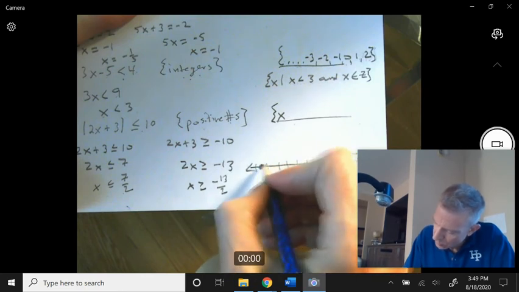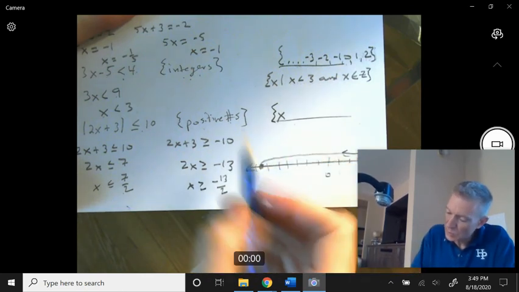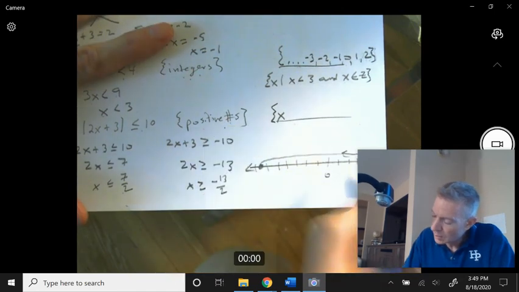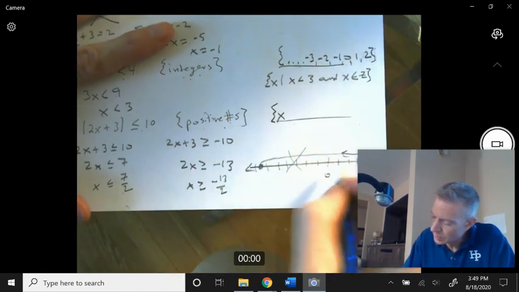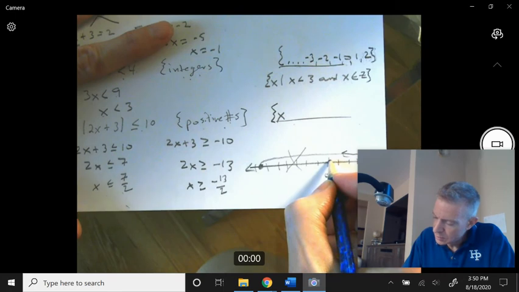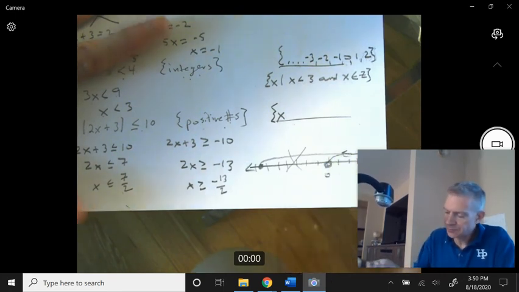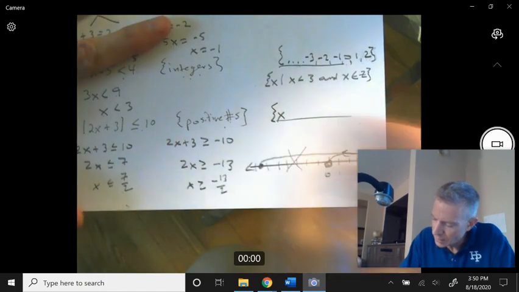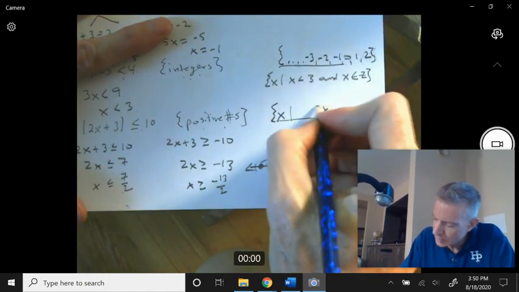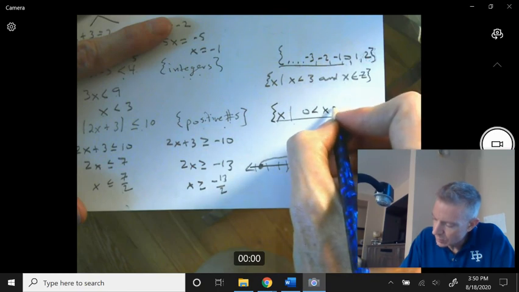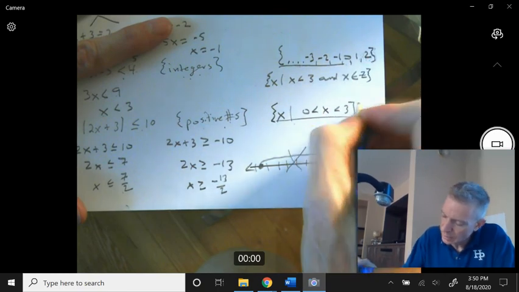So normally we would just use all these numbers, but since we want positives only, we're going to cut out all the negatives. And we just want the numbers between 0. Actually, don't include the 0. That's not positive. Set of x such that x is between 0 and positive 3.5.